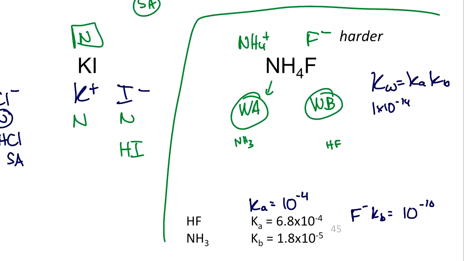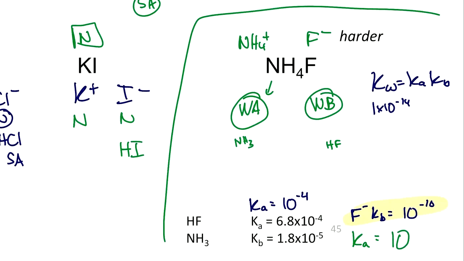All right, so ammonia, I give you the Kb of ammonia, but is that what I put into water? Nope, I put its conjugate acid into water. So what K value should I be looking at? I should be looking at Ka. But how do I get the Ka of ammonium? I have to use the Kb value that's given. So can you tell me the appropriate magnitude of the Ka for ammonium?